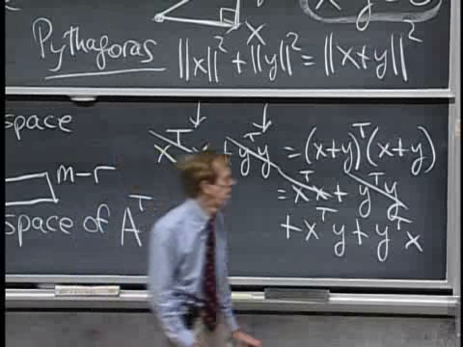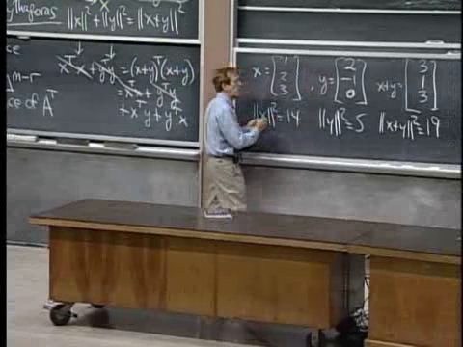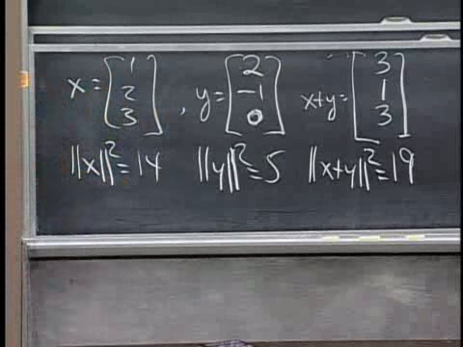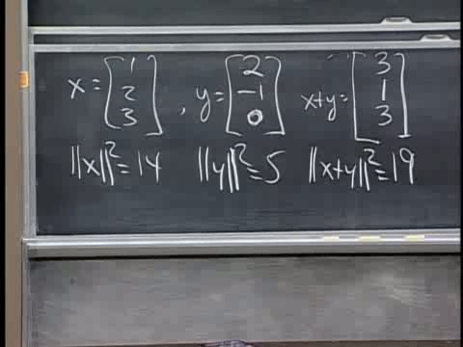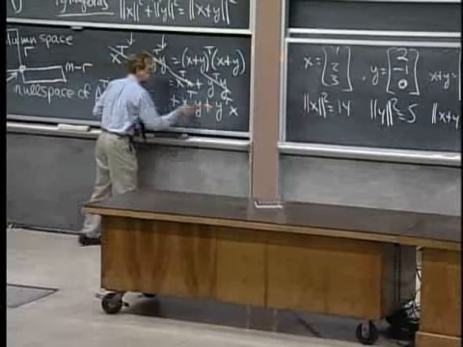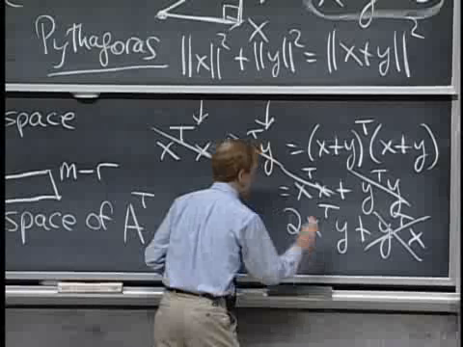If I take x transpose y, that'll give me 0. If I took y transpose x, I would have the same x1, y1, and x2, y2, and x3, y3. It would be the same. So this is the same as that. I'll knock that guy out and say 2 of these.